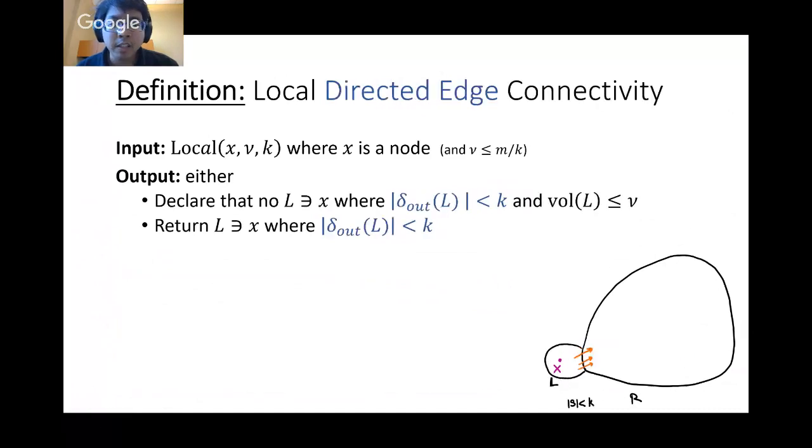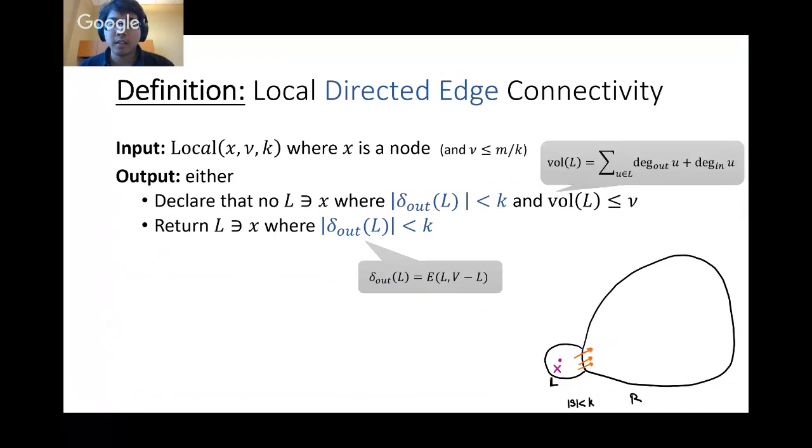The difference here is really that we would like to check if there is a cut such that the number of edges going out from L is less than k, instead of the number of neighbors of L. We just check whether the number of edges going out from L is less than k or not.